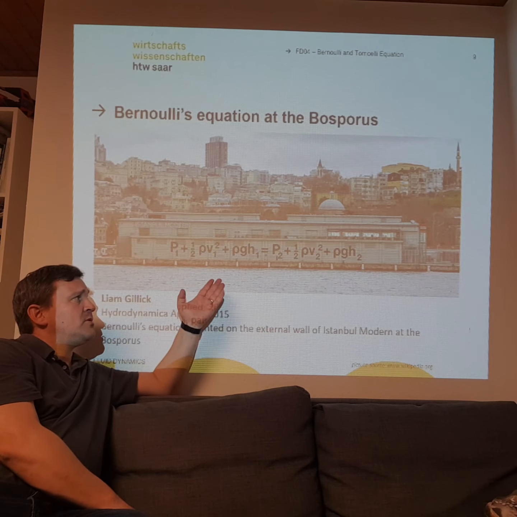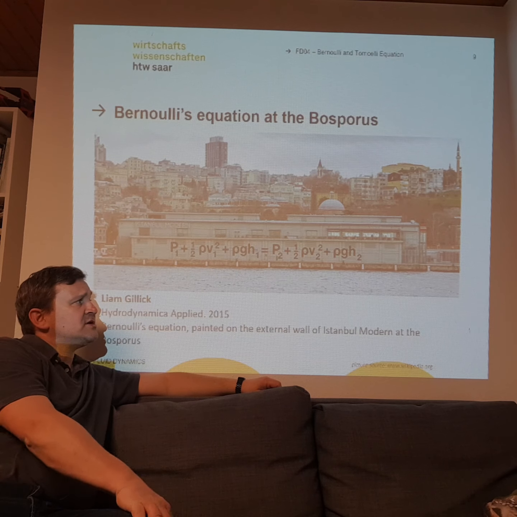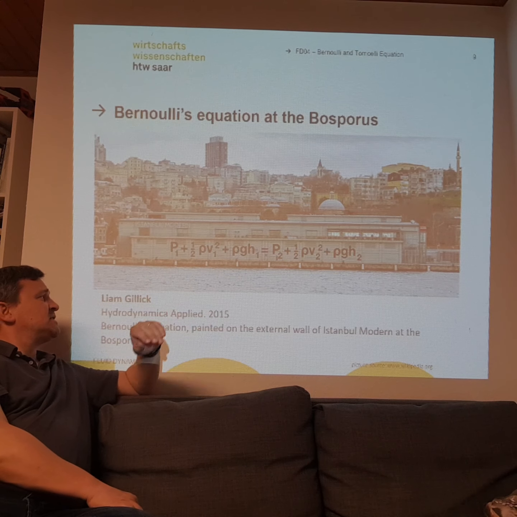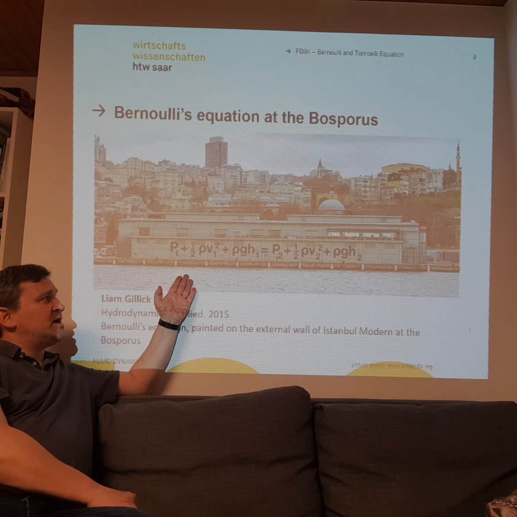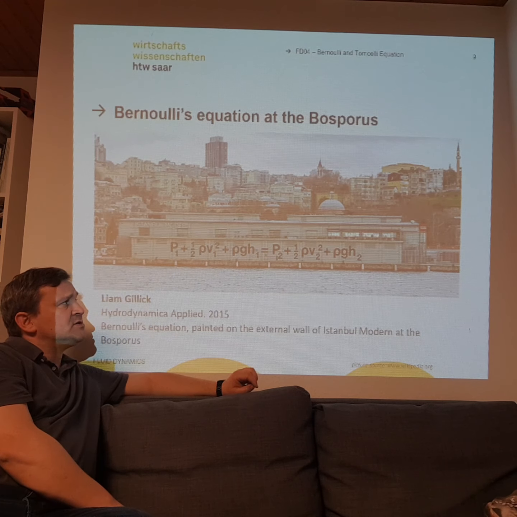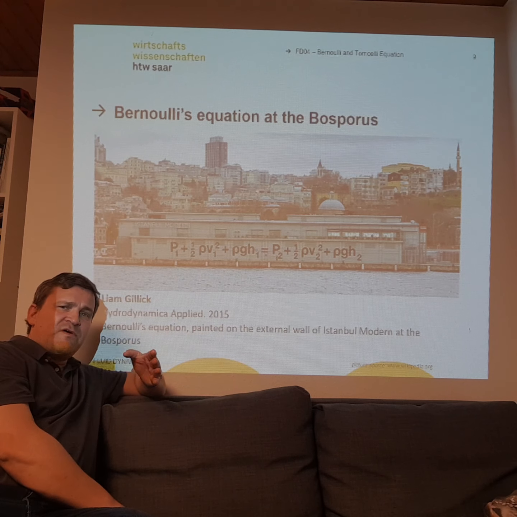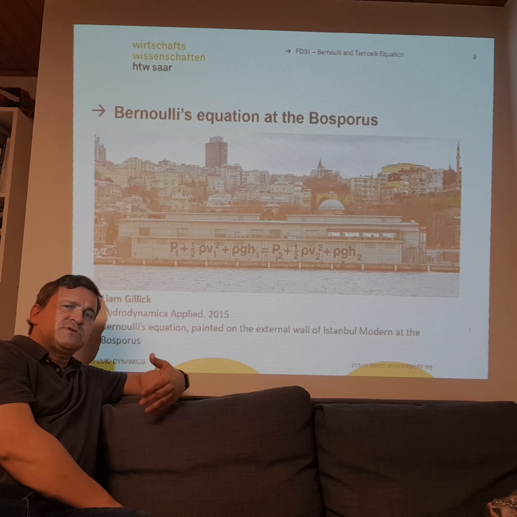It was a former hall for repairing or so, and now it's a new museum. And an artist, Liam Gillick, has written the Bernoulli equation on this big hall, on this museum wall, and you see it really from far away when you come over the Bosporus with a ship.